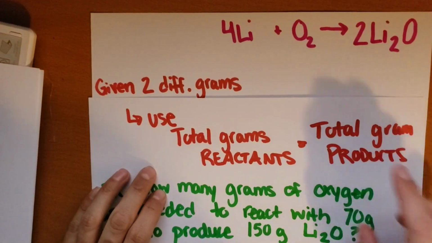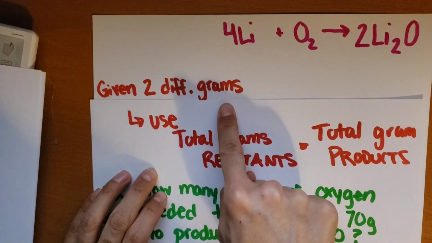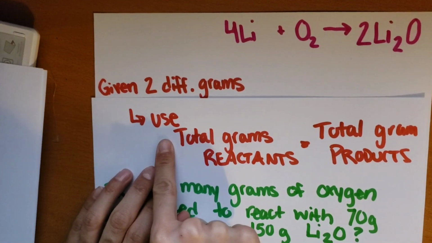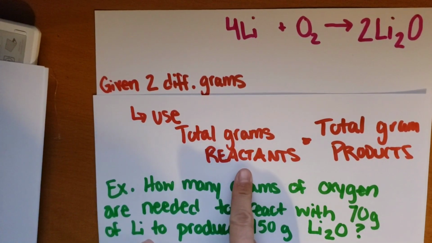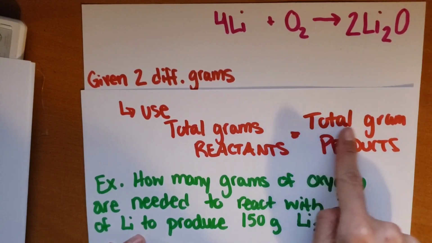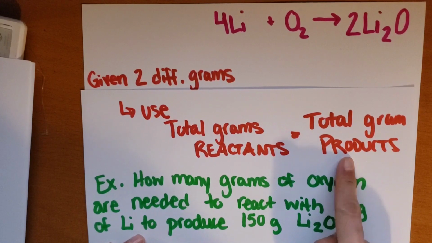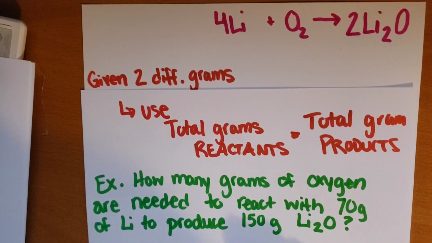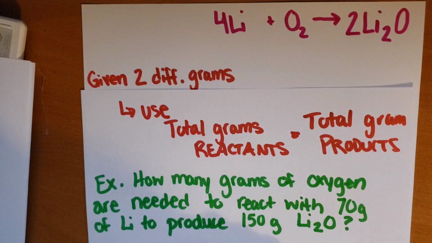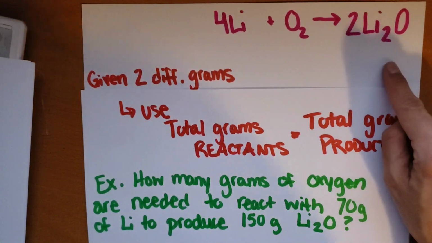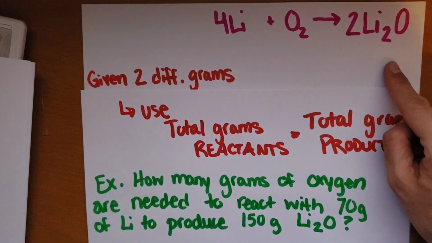So here, if we are given two different amounts of grams, we are going to use the law of conservation of mass, which says the total grams of reactants must equal the total grams of products. So in this sample question, we were asked to determine how many grams of oxygen are needed to react with 70 grams of lithium to produce 150 grams of lithium oxide.